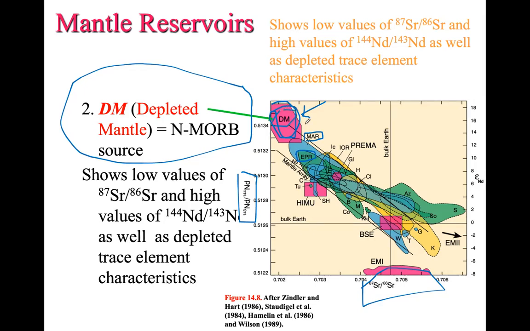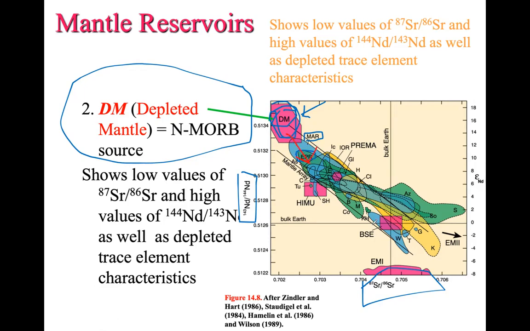But in some situations like the one shown here, you can see these mid-ocean ridge basalts plotting deviated from their typical expected composition. They are deviating downwards.